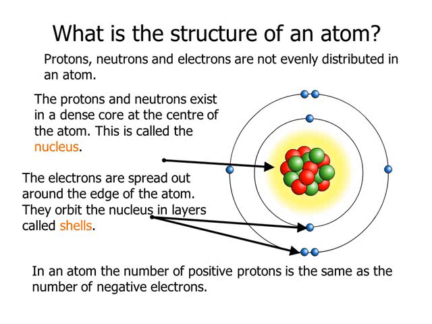So this is the new point that you are going to learn now. What does it say? In an atom, the number of positive protons is the same as the number of negative electrons. That means if an atom has 6 protons, then it will have 6 electrons. Protons have positive charge and electrons have negative charge. So they are equal in number.